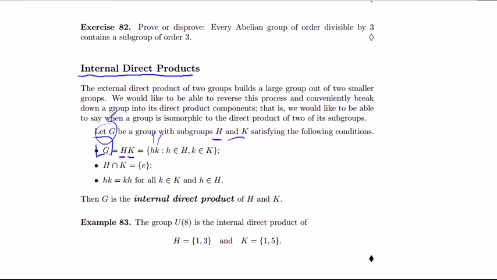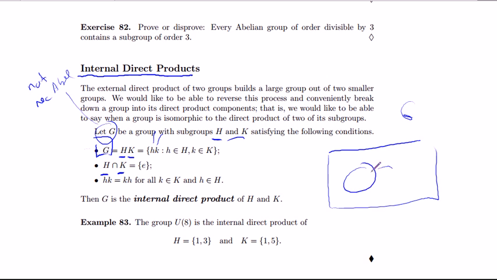Now notice that G is not necessarily abelian. All right, so we're also supposing that in this particular group, H and K are distinct. So here we have our group G. We have H and K in here, and the only intersection they have is the identity.